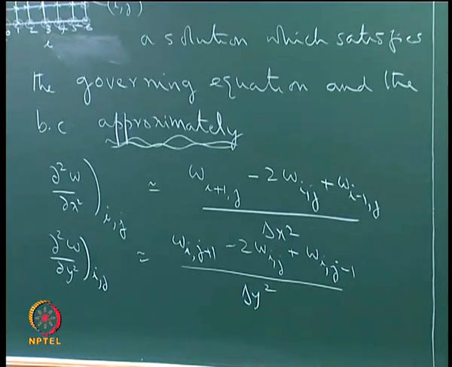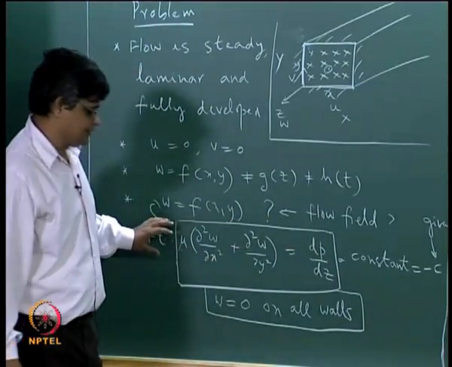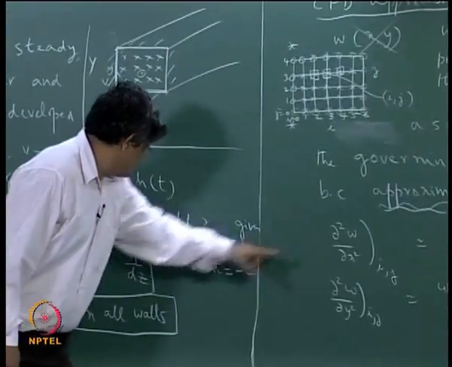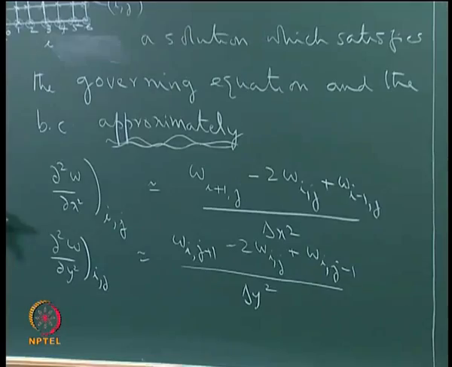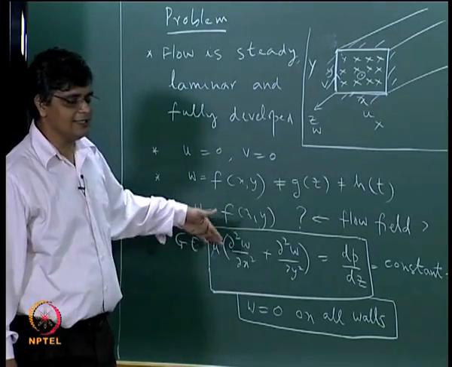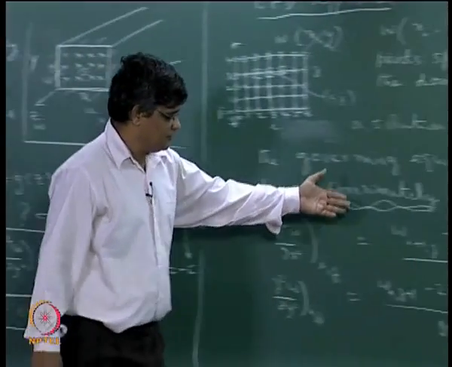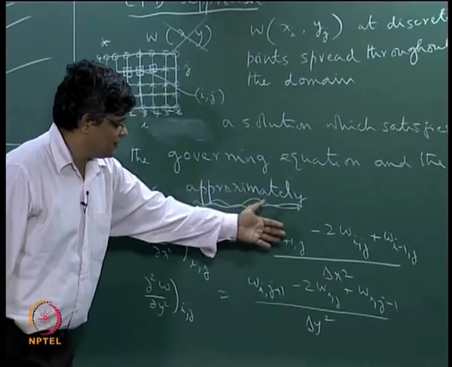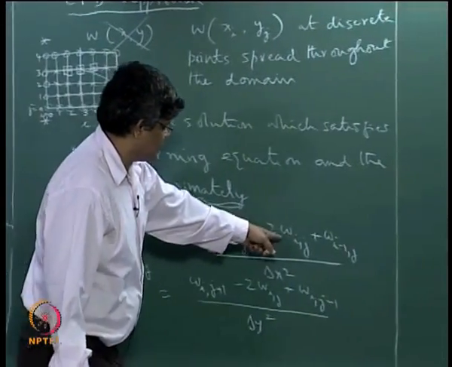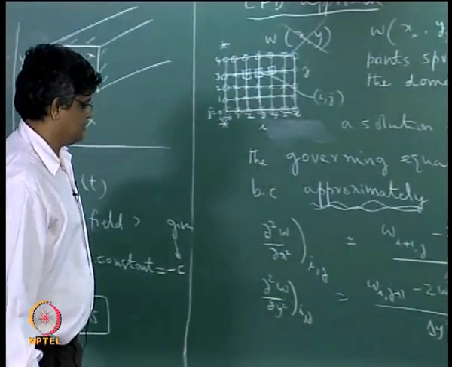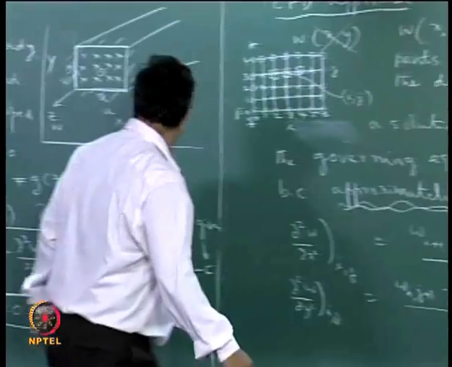Now we can take this equation here and replace this derivative by this formula, and this derivative by this formula. If we do that, what we get is an algebraic equation. The resulting equation will not have any partial derivatives; it will only have the variables w at several points within the domain of interest. So let us do that.